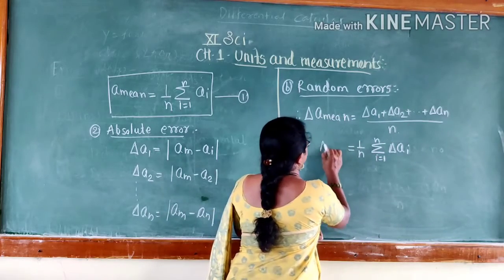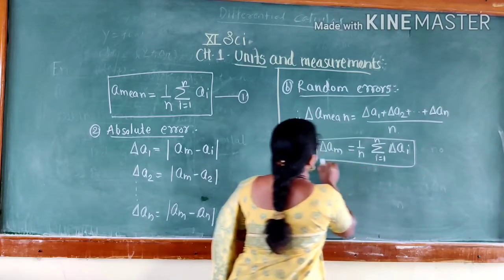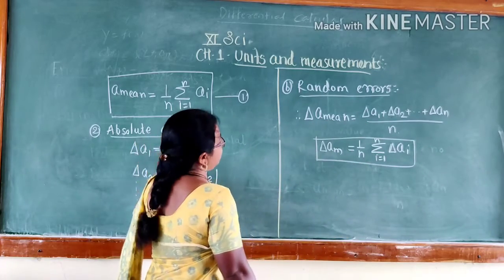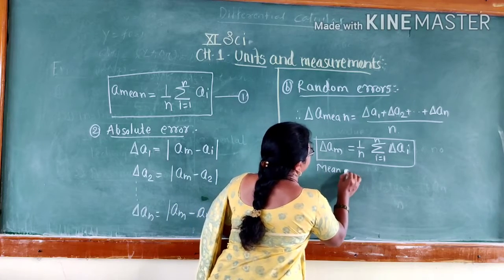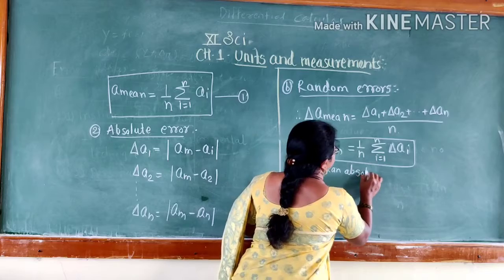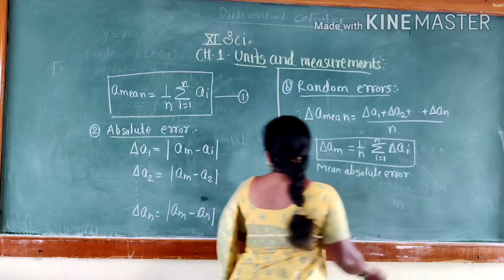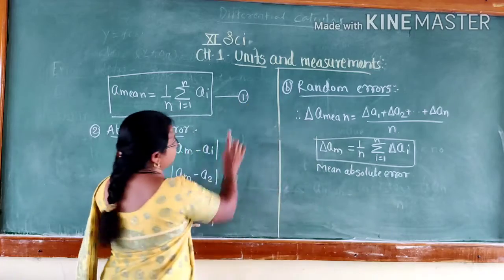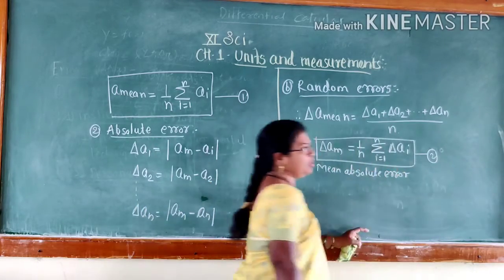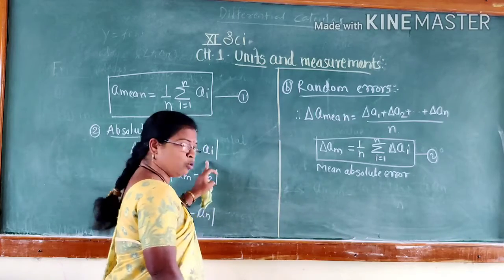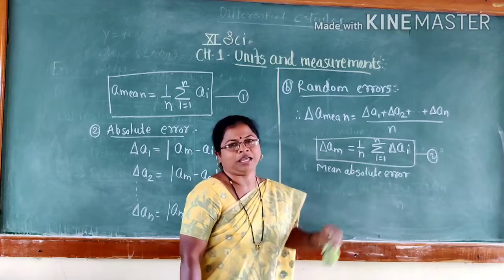It is nothing but the mean absolute error. This is equation number second. We got the mean value, and after that the mean absolute error.